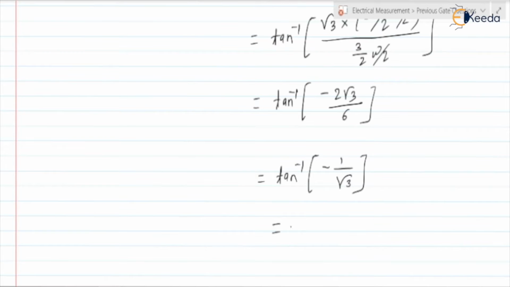If you check, tan inverse of minus 1 by root 3 is equal to minus 30 degree. So phi is minus 30 degree.